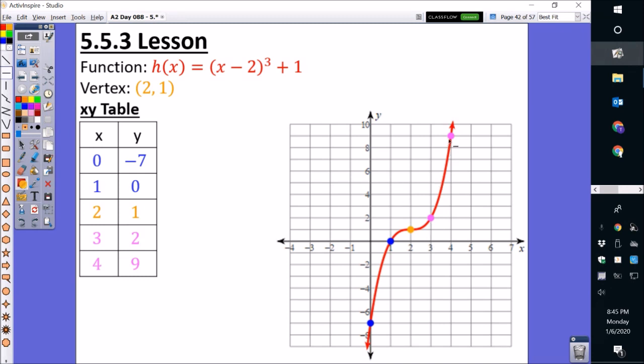So you want to be very careful when you're graphing, especially in the middle 3 points. You see how it's not a straight line, it actually curves. So once you understand that it curves, if you have the vertex, the best way to graph is to identify your corner points.